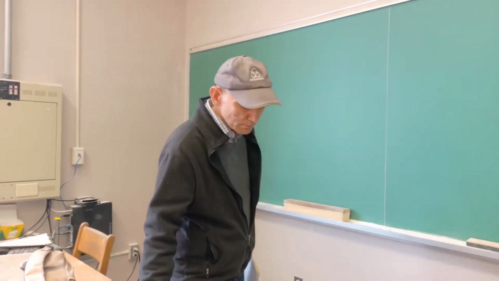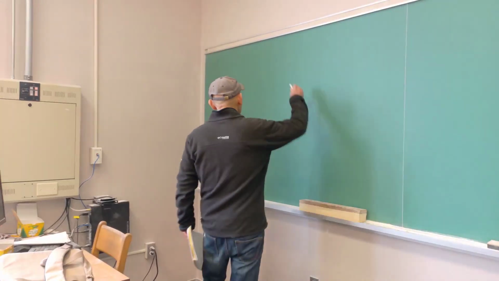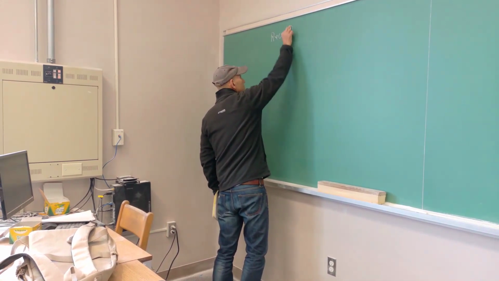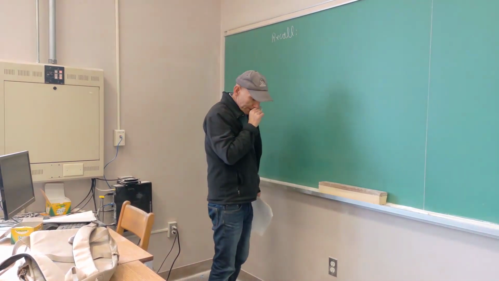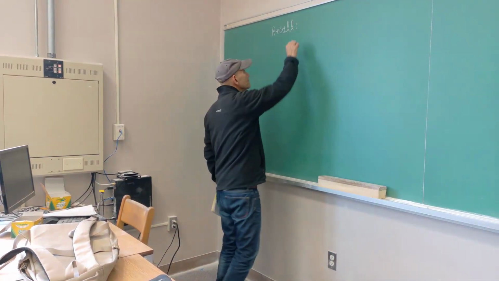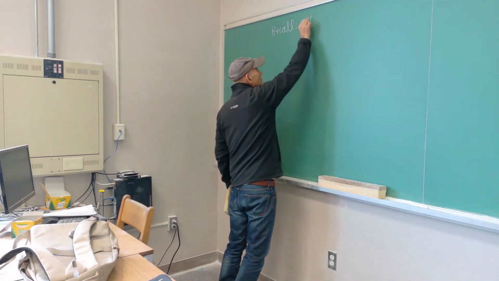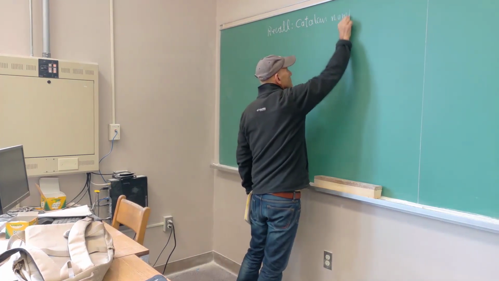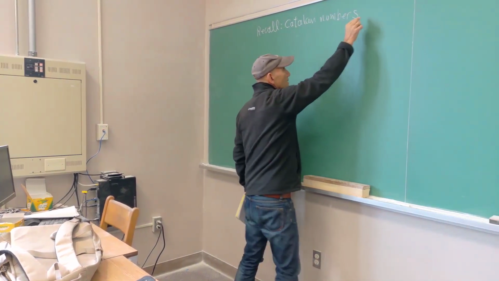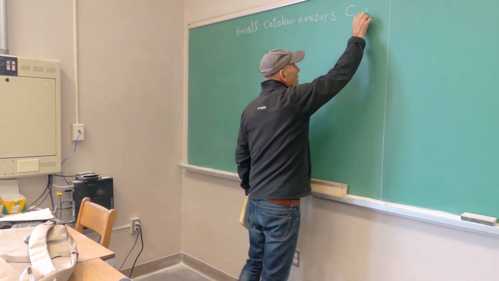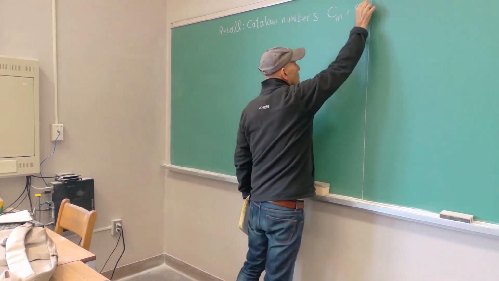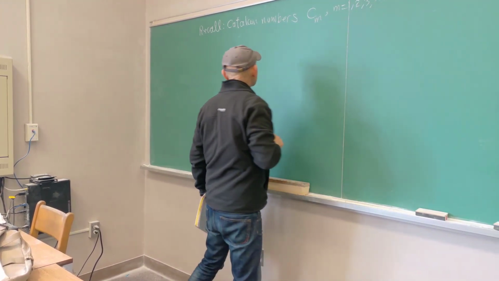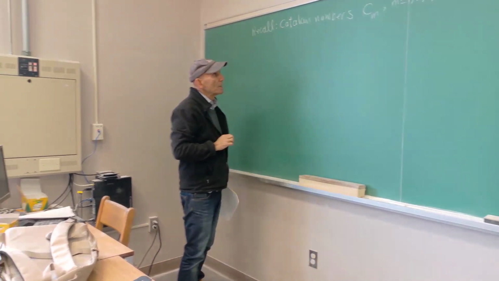So, recall we've been discussing Catalan numbers, C_n, for n equal to 1, 2, 3, etc. Right?